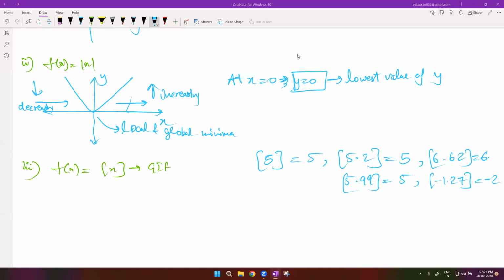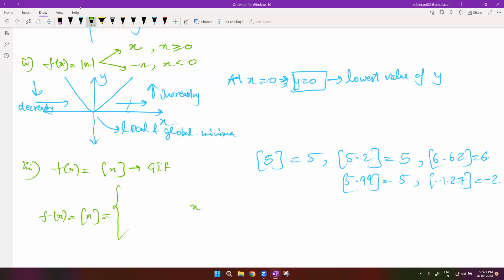For example, f(x) equals mod x is also a piecewise function, if you remember. This can have two values, either x or minus x: x when x is greater than or equal to 0, and minus x when x is less than 0. In the same way, this greatest integer function can also be defined. How can it be defined?